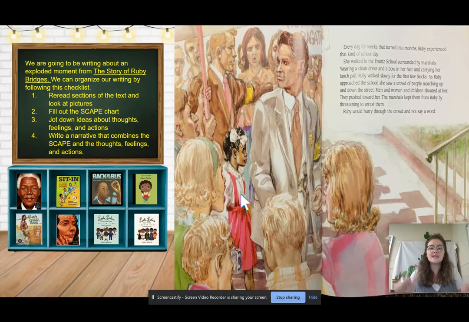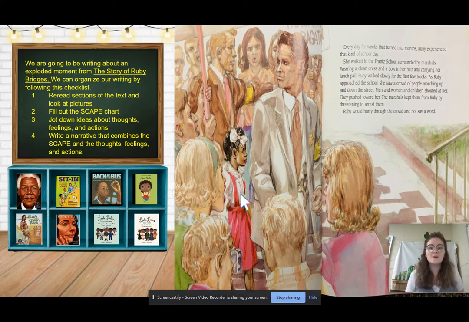We are going to be thinking about an exploded moment from this page in the text. We are going to reread this section and look at the pictures. We're going to think about our scape, our settings, our characters, the actions, the problem, and the ending. We're going to think about Ruby's thoughts, her feelings, and her actions.